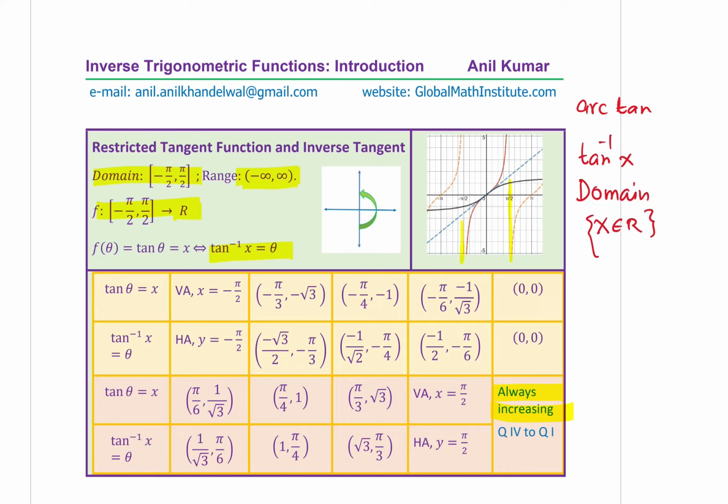I'm using this convention at present, arc, and the range for the tangent inverse function will be from minus pi by 2 to pi by 2, and this is the principal value which we will be interested in as we move along, correct?